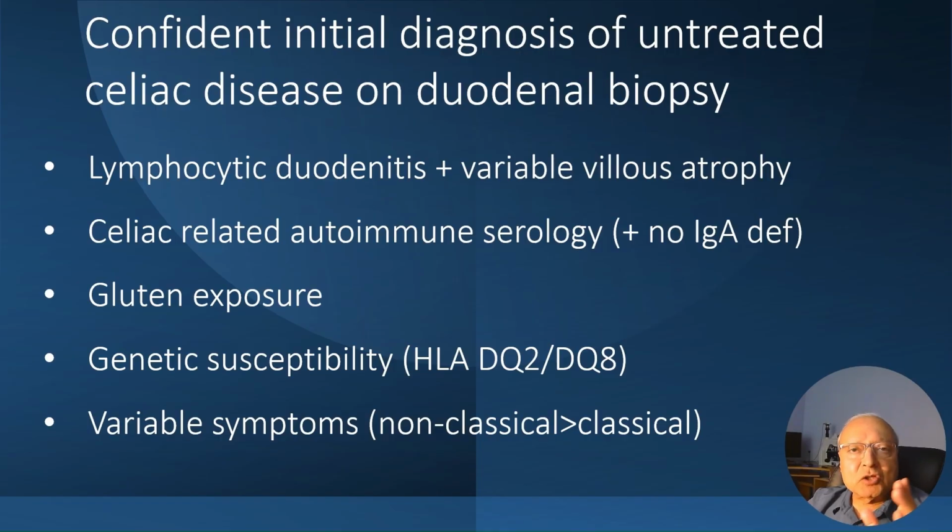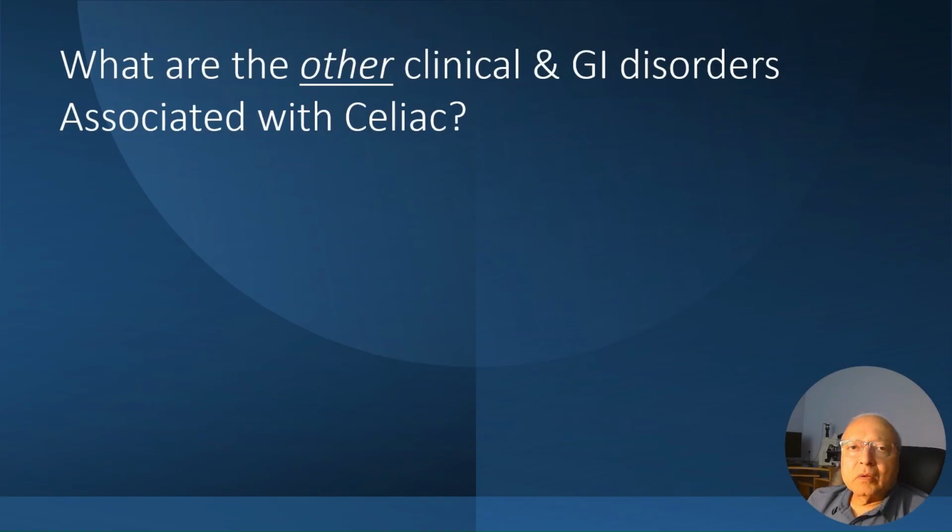The others are excluded from the diagnosis. And symptoms are not dependable. The classical gastrointestinal symptoms of diarrhea, malabsorption are only present in a smaller percentage of people, about 25%. The others have non-classical symptoms, or sometimes they're asymptomatic.